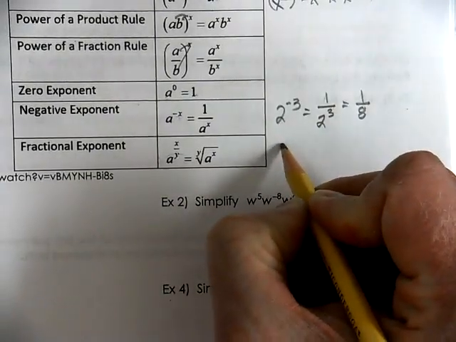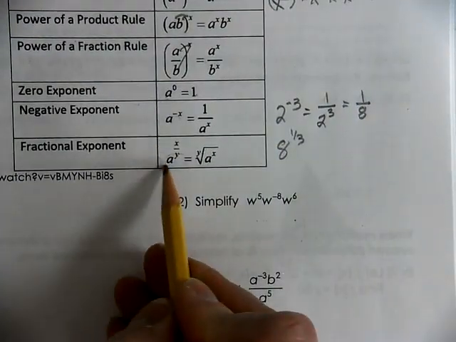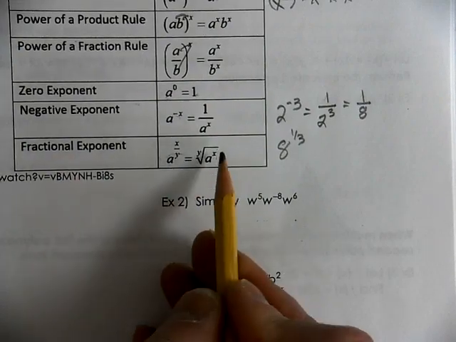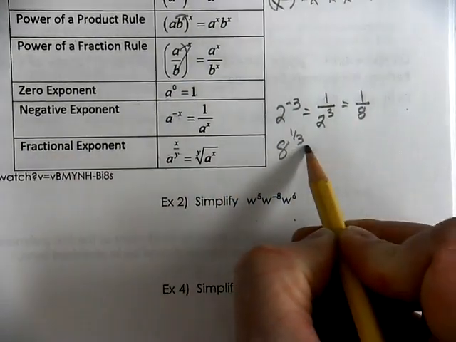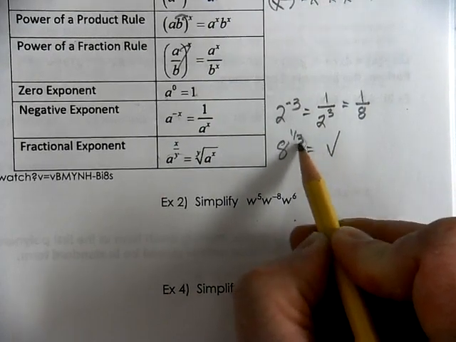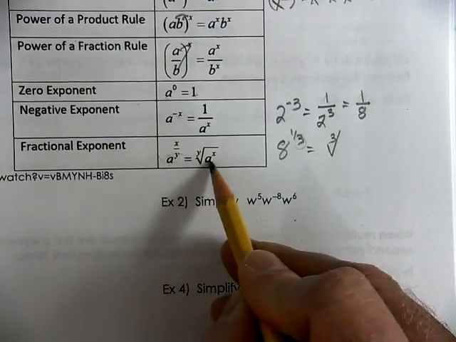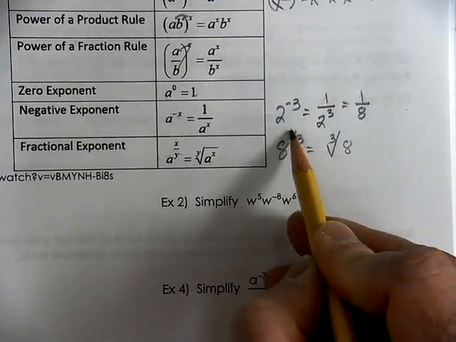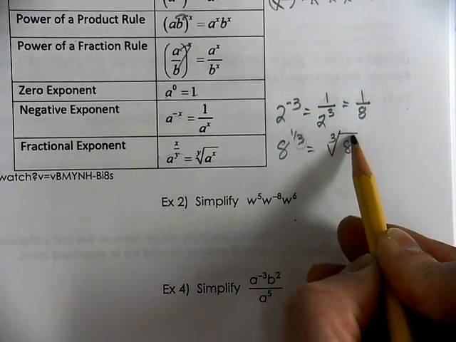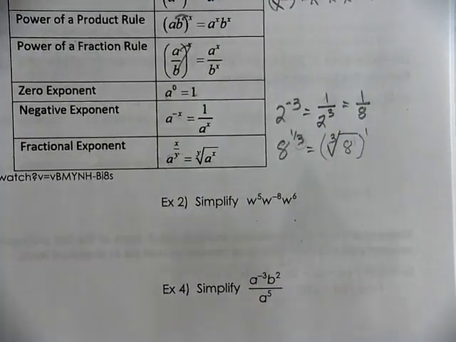So for example, if you have 8 to the 1/3 power, a base to a fraction exponent, it gets created into a radical with the denominator as the index, the base is inside, and the numerator, you can write inside the radical or outside the radical.